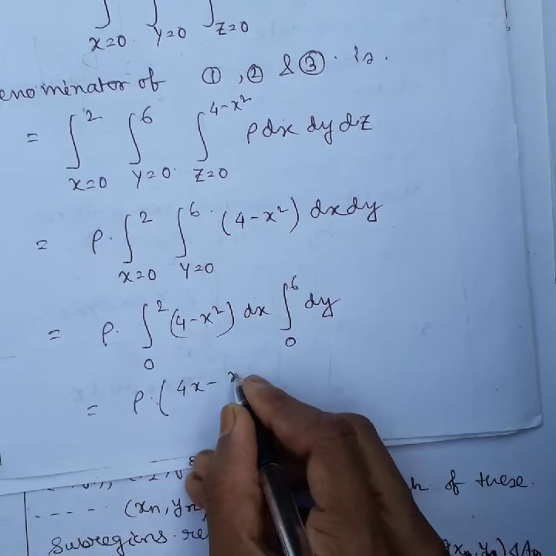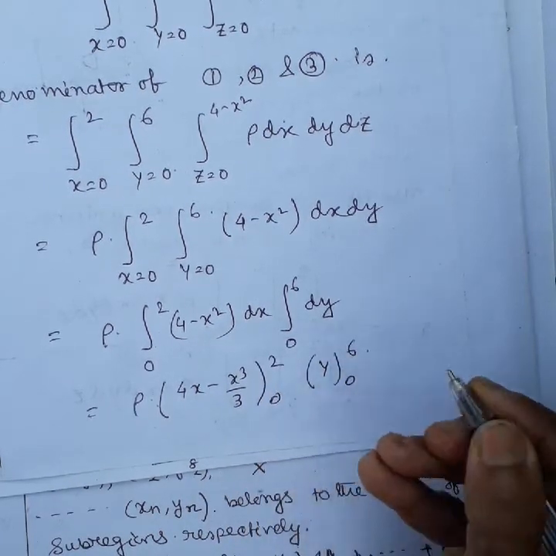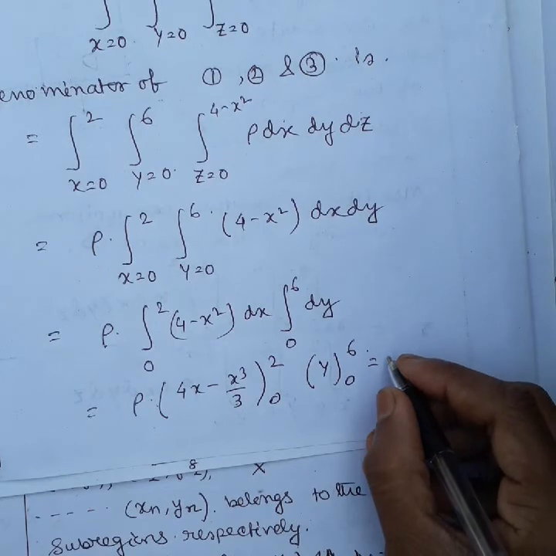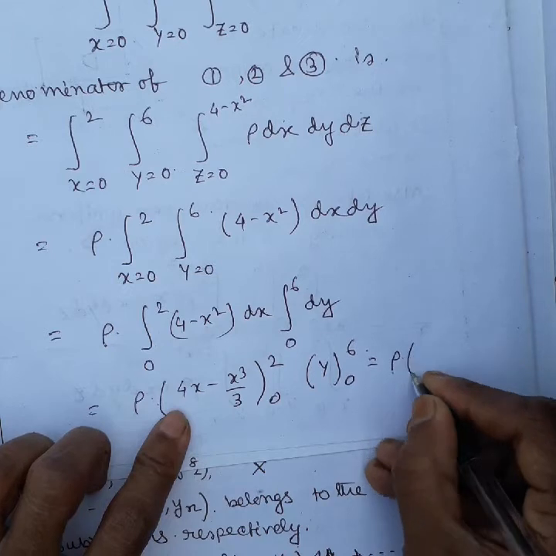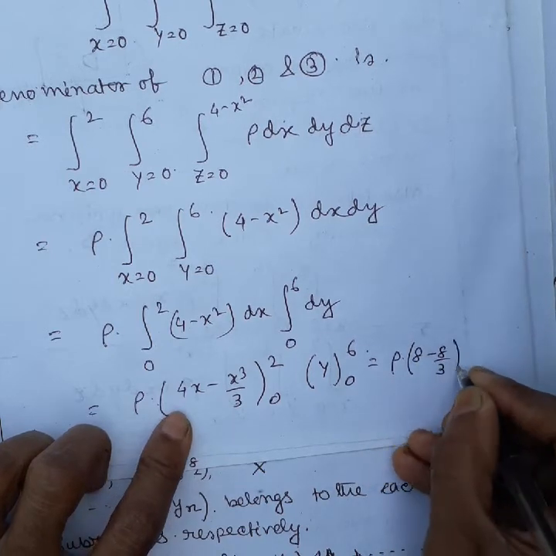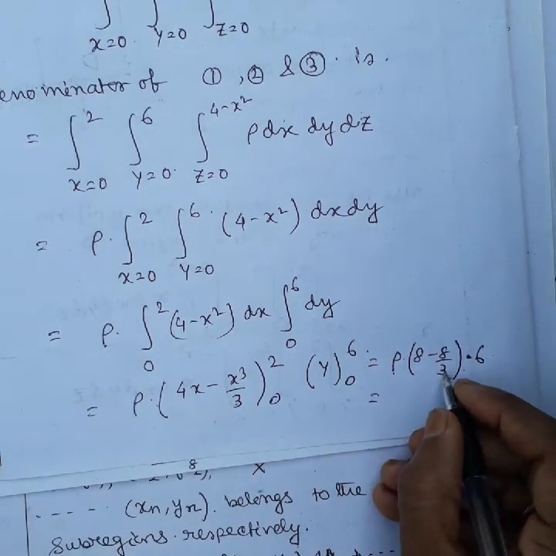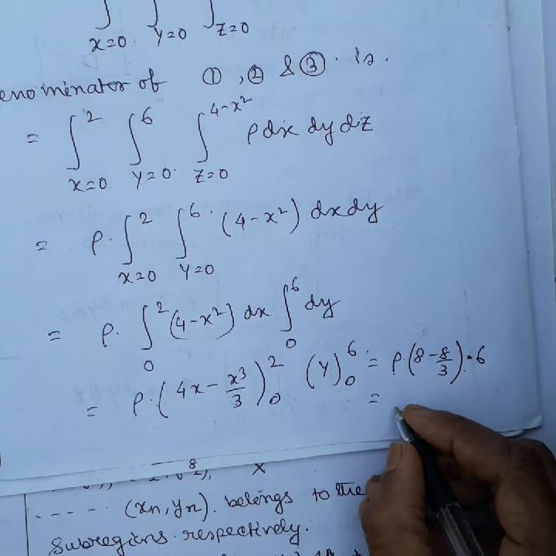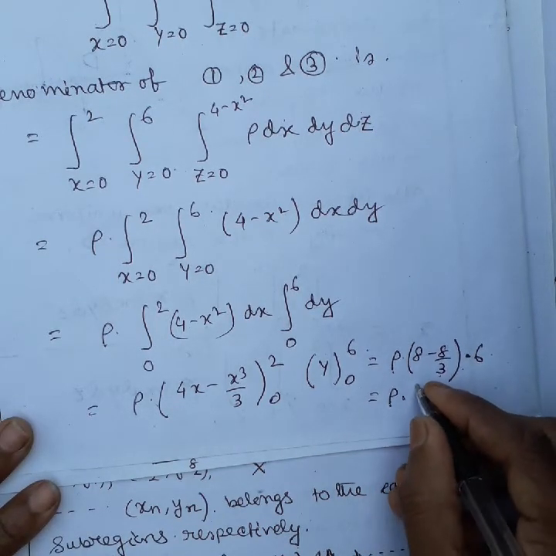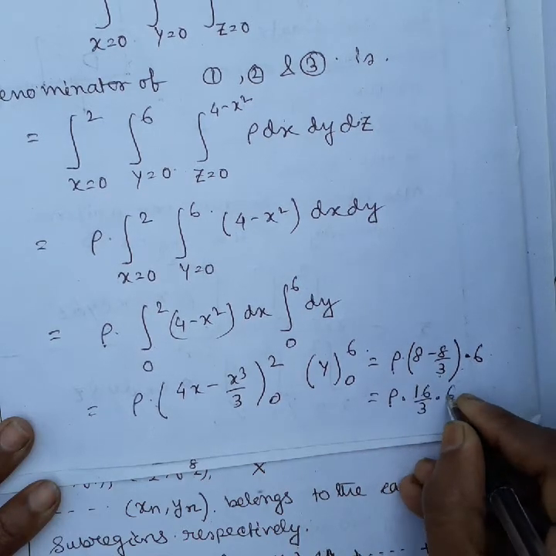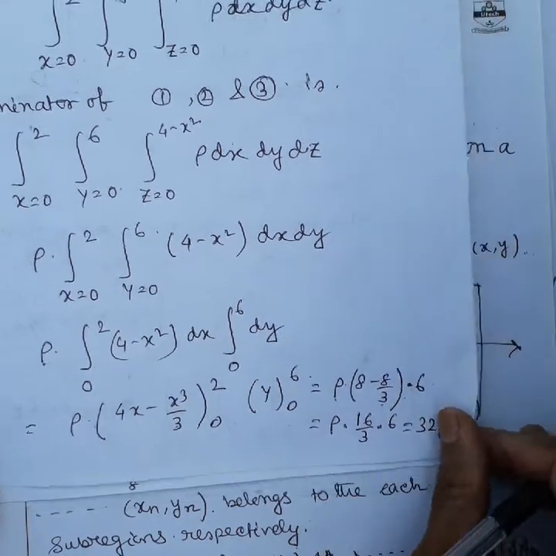This will be 4x minus x cube by 3 from 0 to 2, and this is only y from 0 to 6, that is equal to 2 rho into 8 minus 8 by 3 into 6, that is 16 by 3 into 6, so 32 into rho.